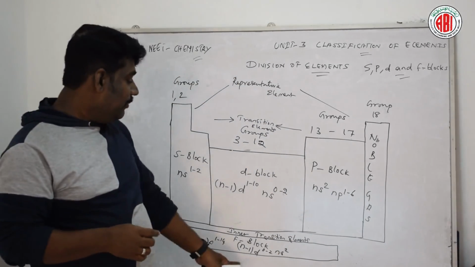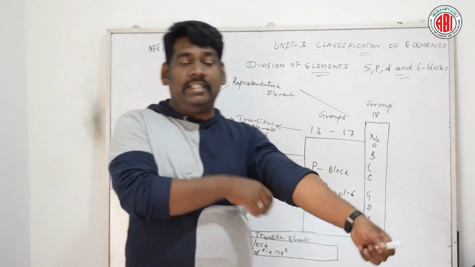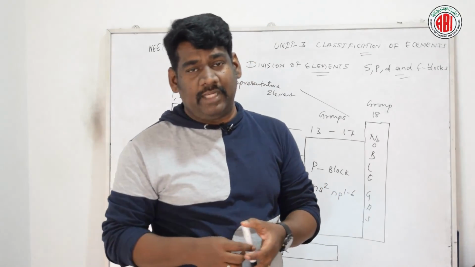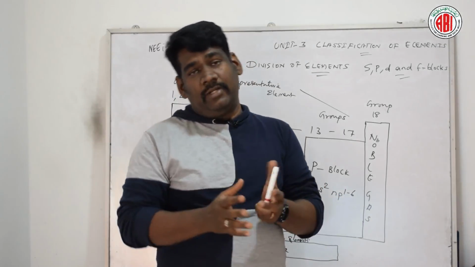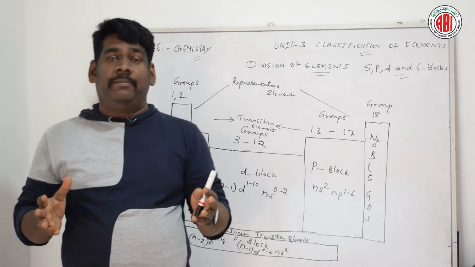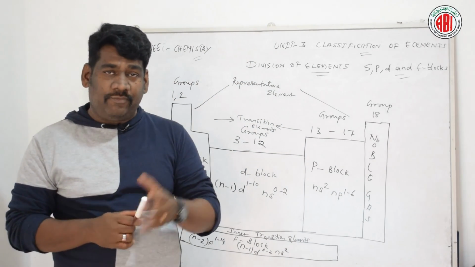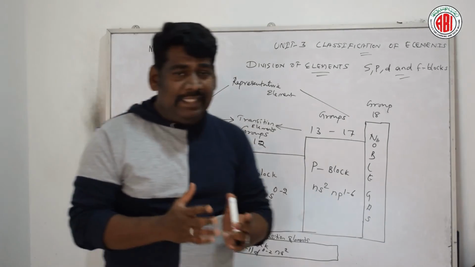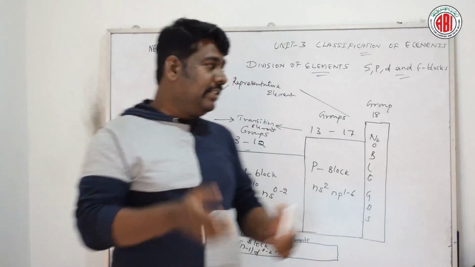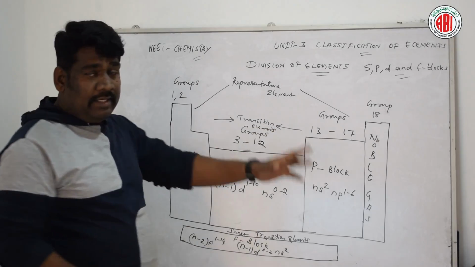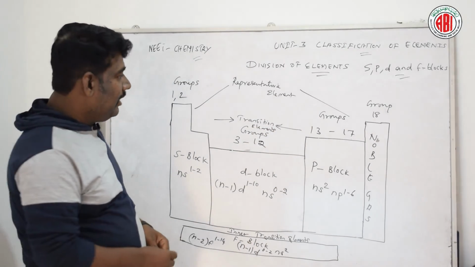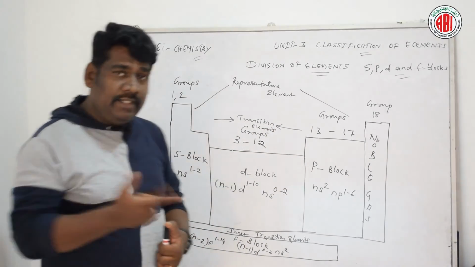Finally, the inner transition elements are called F block elements, and these are made into two different series of 14 elements, called lanthanides and actinides. So these are the major types of elements present in the long form periodic table.